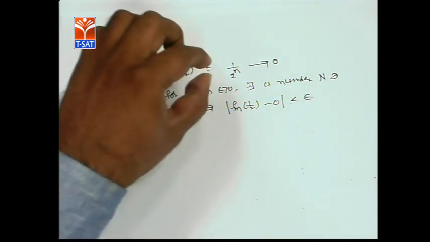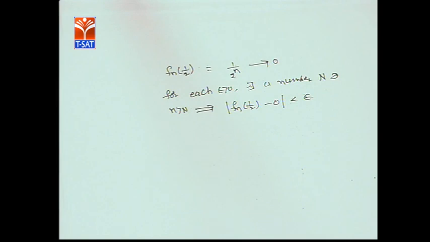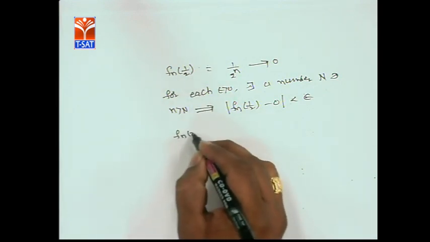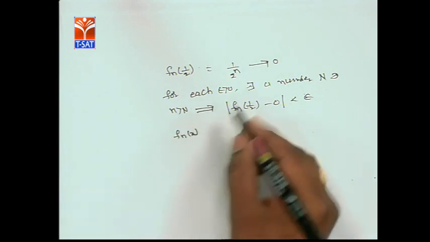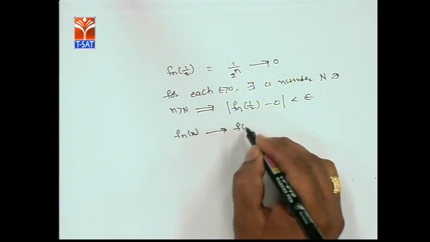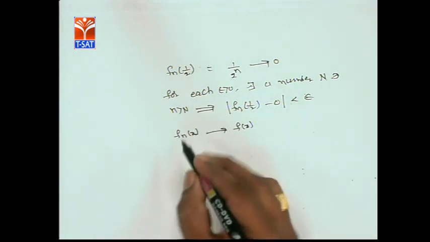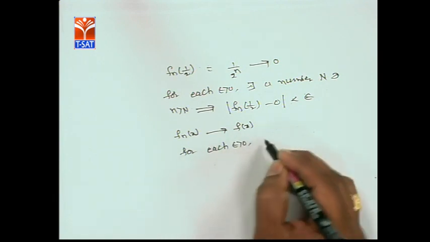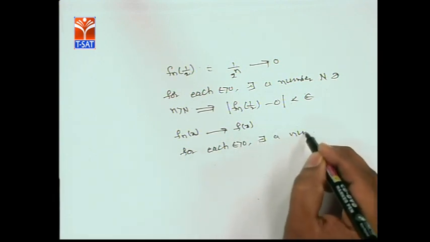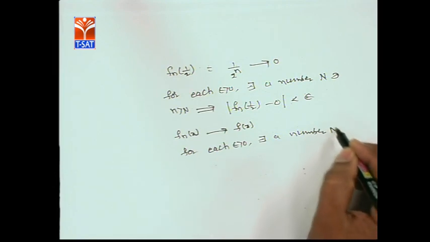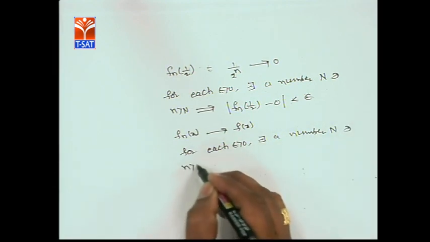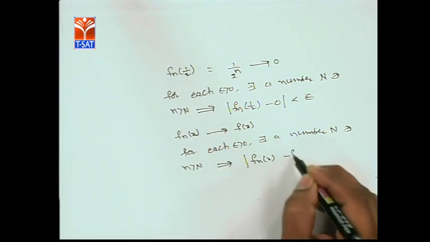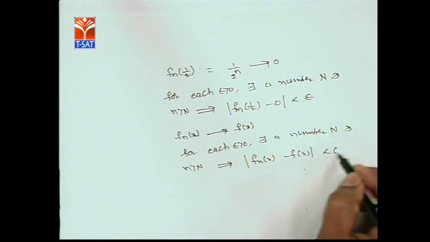So this is a convergent sequence of real numbers. Suppose we fix x, that means fn of x is a sequence of real numbers which converges to some f of x. Then by definition, for each epsilon greater than 0, there exists a number N such that n greater than N implies mod fn of x minus f of x less than epsilon.